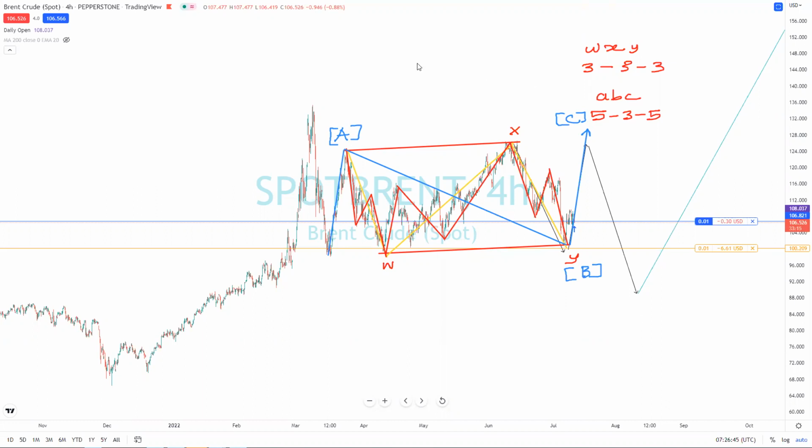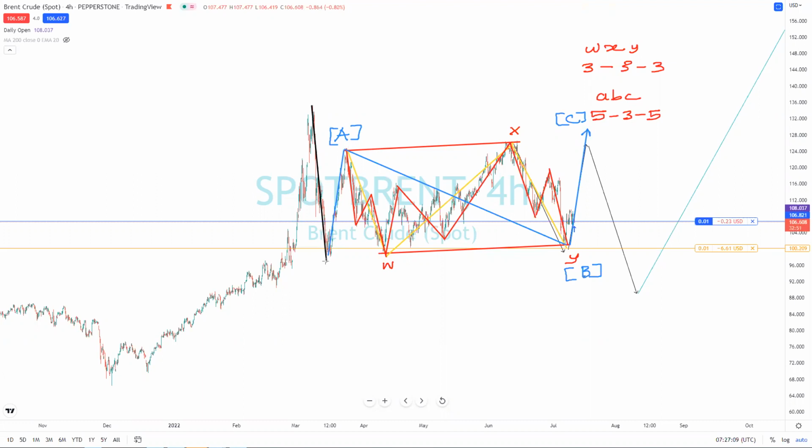But remember, this move started from the top here. So let's also look at a higher degree. Perhaps this time we're going to use black. Okay, let's go to the black degree. In the black, we have this one wave to the downside, followed by these 3 waves in the blue.